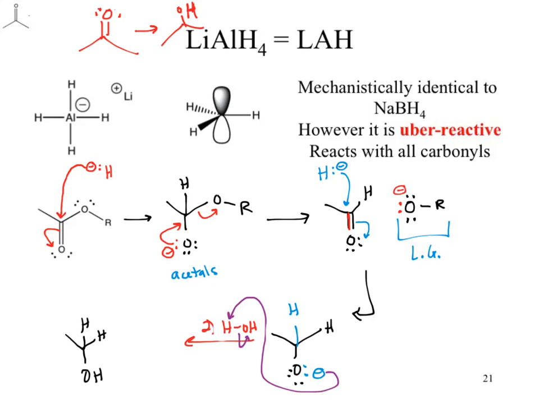How many ketones can be reduced by a single lithium aluminum hydride? 4. All 4, because lithium aluminum hydride brings in 4 hydrides. Each of those reductions only takes 1 of the hydrides. So we could reduce 4 ketones.